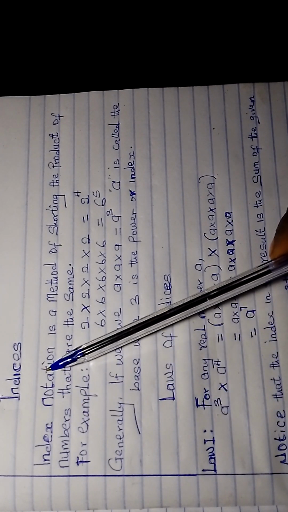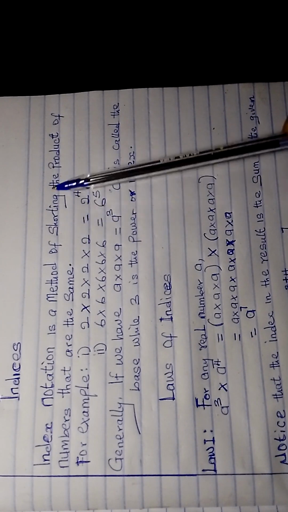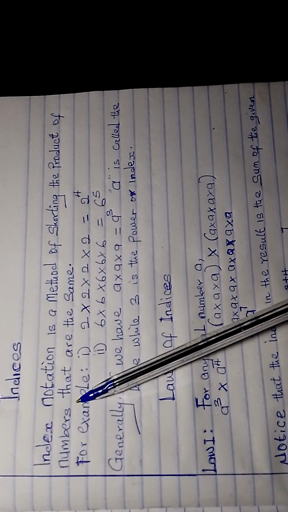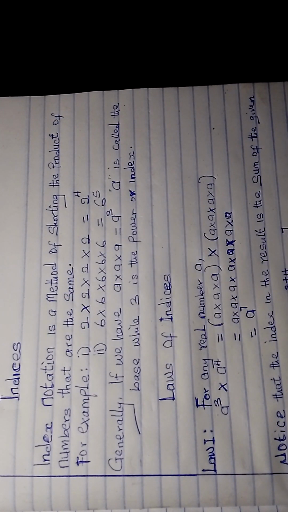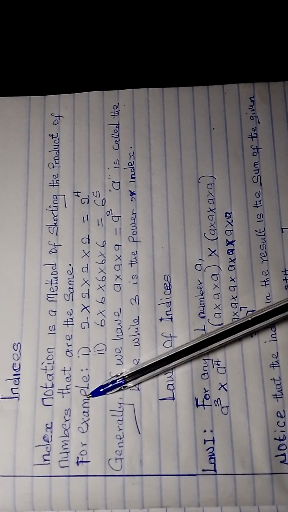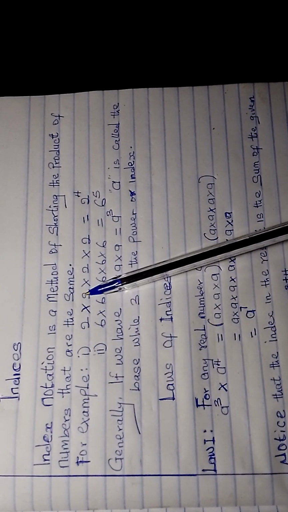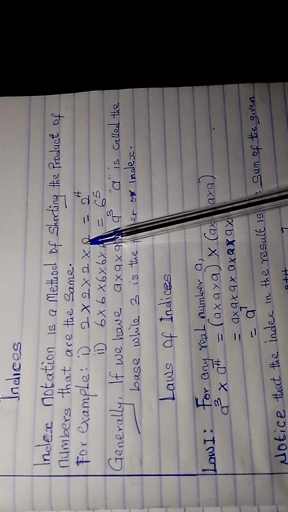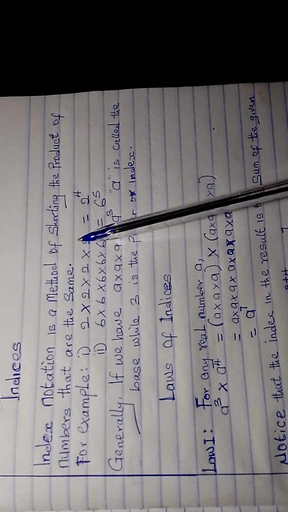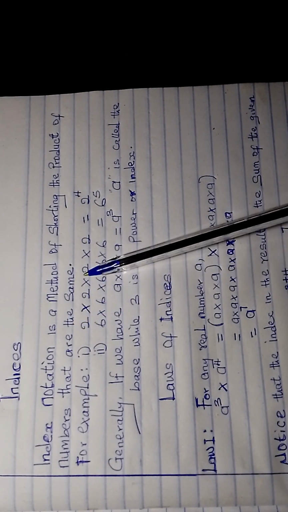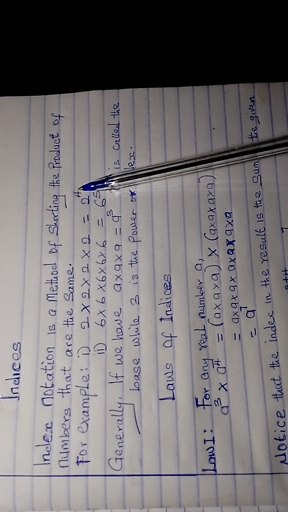Index notation is a method of shortening the product of numbers that are the same. For example, 2 times 2 times 2 times 2, the product form, gives us 2 raised to the power of 4, the index form.